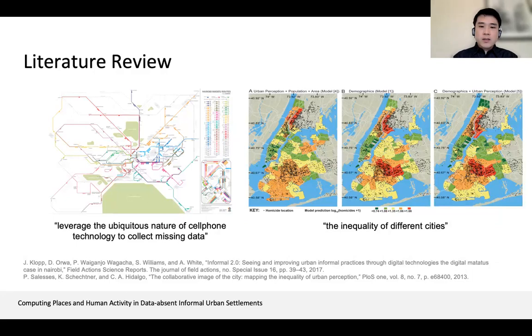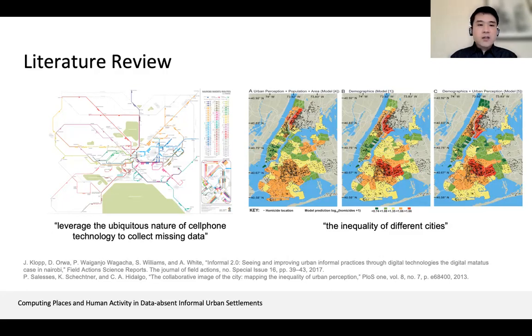Through the studies and investigation involving computational methods, studies also reveal that the data are not as ubiquitous as we think in reality. The data usually do not cover the entire extent of the cities, and this has been proven by many research projects, done by different research groups in different locations, specifically focusing on informal urban settlements that often do not have data.